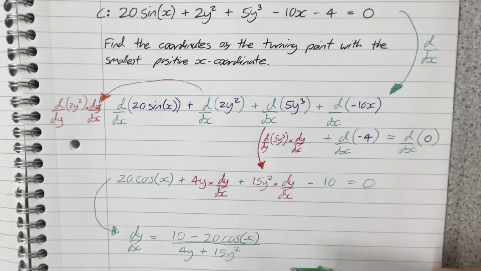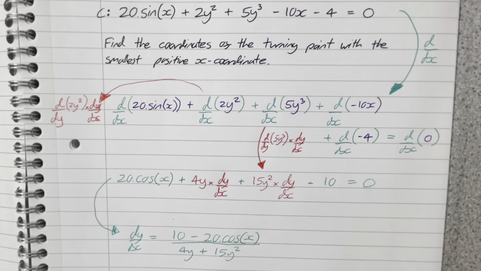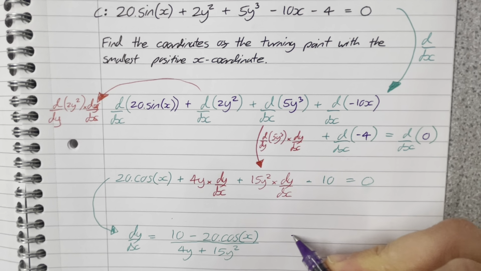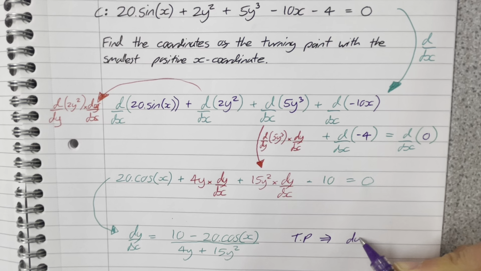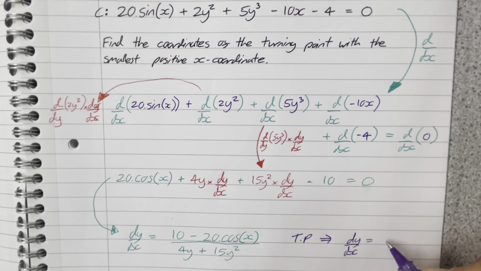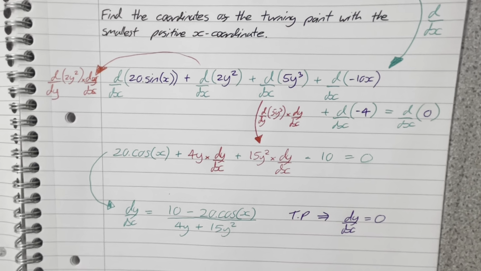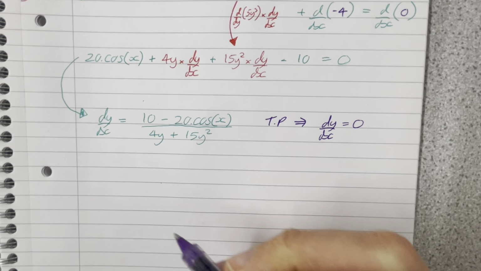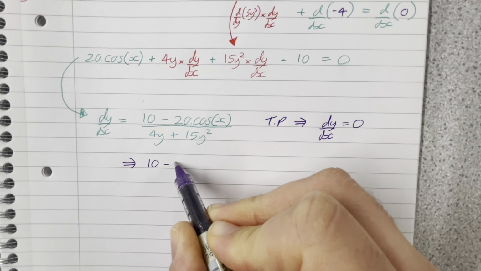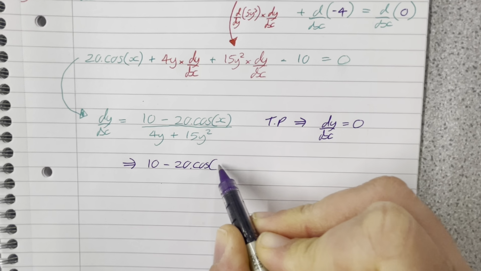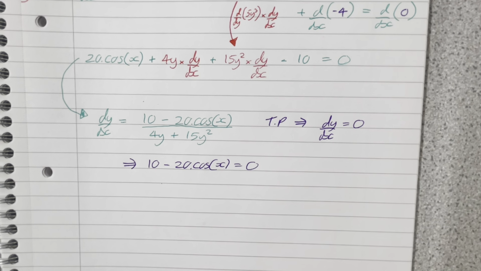Okay, so year 12 knowledge, turning point, that implies, usually, not always though, that dy by dx is equal to 0. So if we want dy by dx to equal 0, then we're going to want 10 minus 20 times the cosine of x to equal 0.